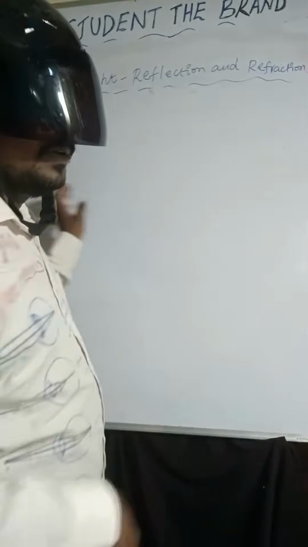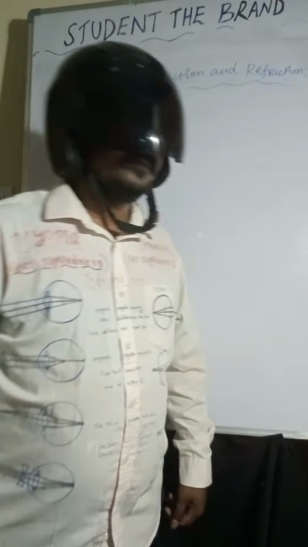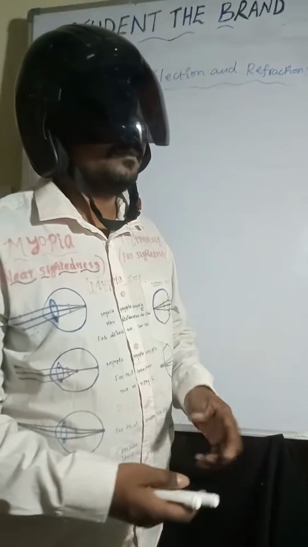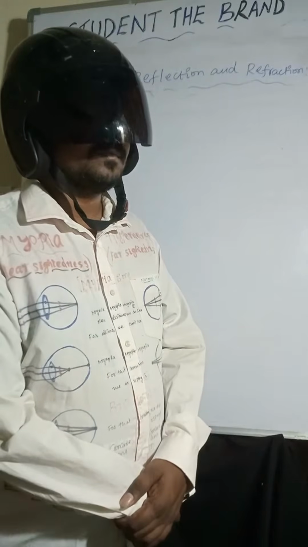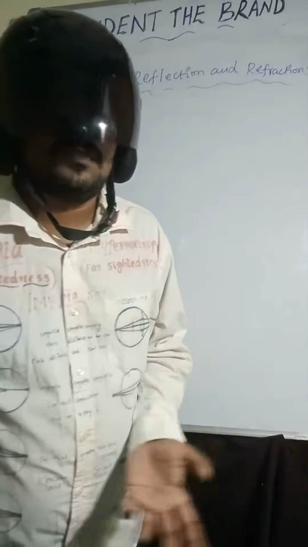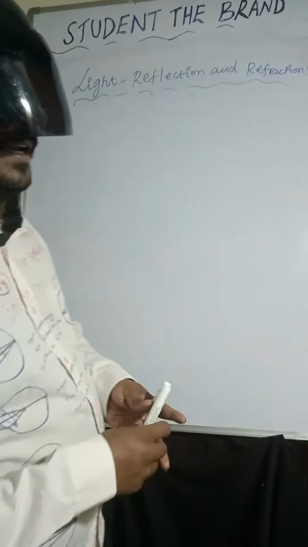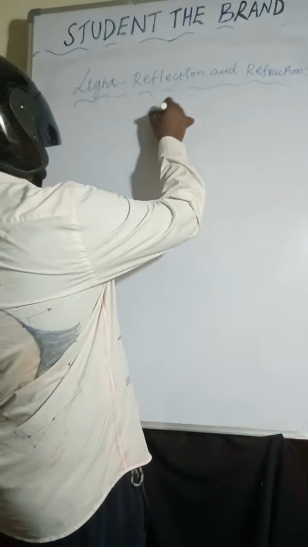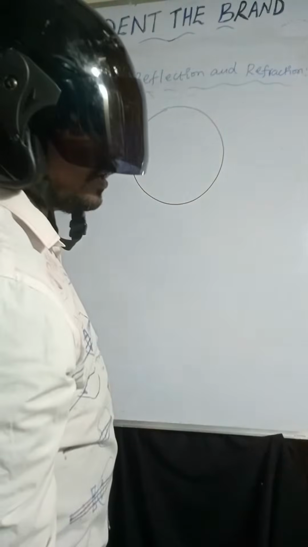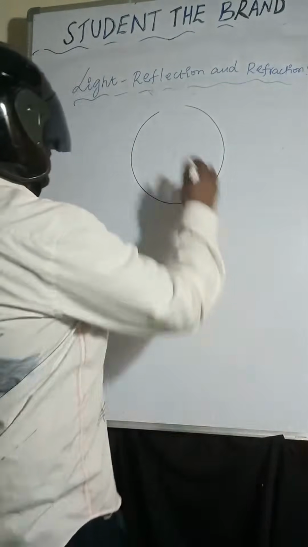A spherical mirror is nothing but a mirror which is in the form of curved shape. The mirror which is in the form of curved shape is called a spherical mirror.